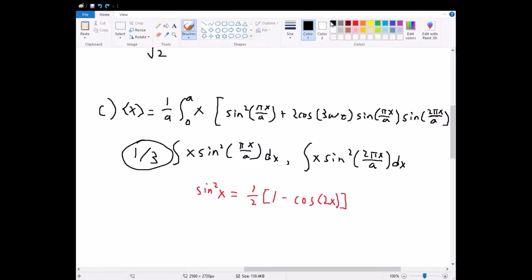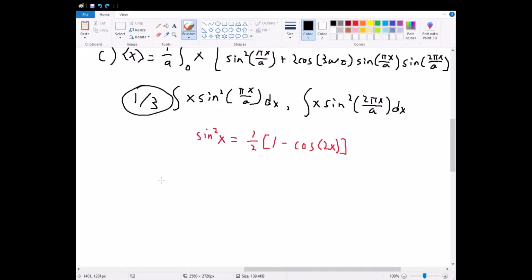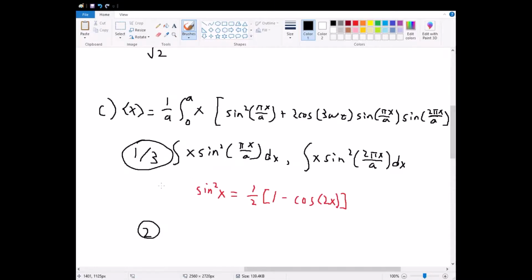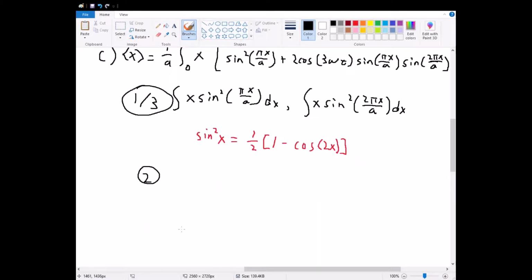That is already a very long and tedious process, but term number 2 is even worse, because we're going to solve this by using something called the product to sum trig identity. So let's start by writing this out.